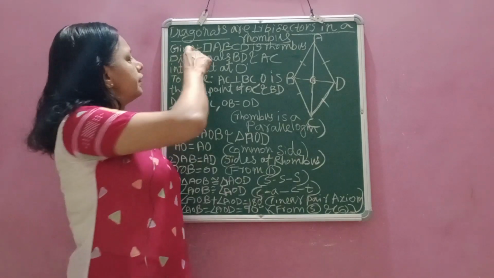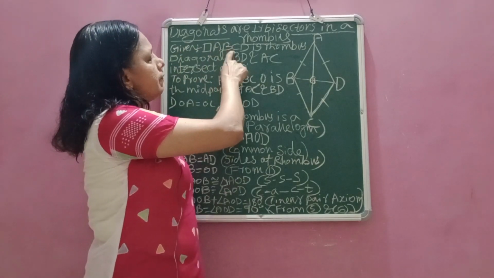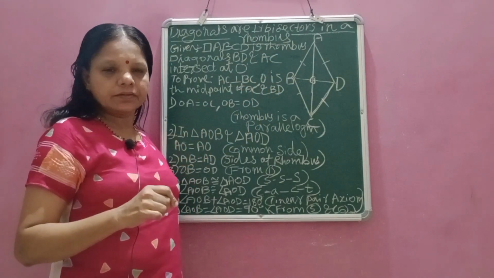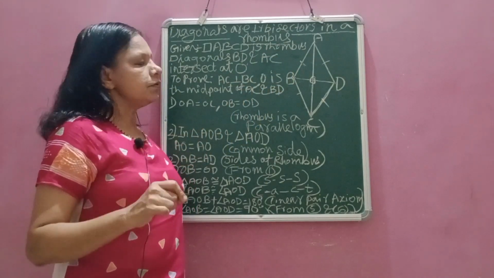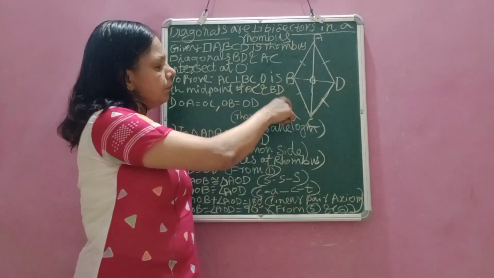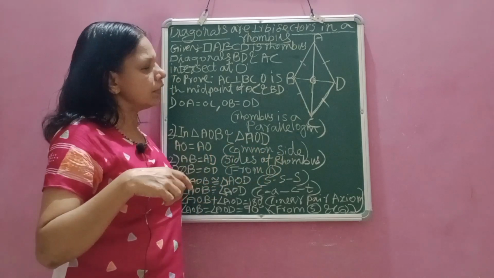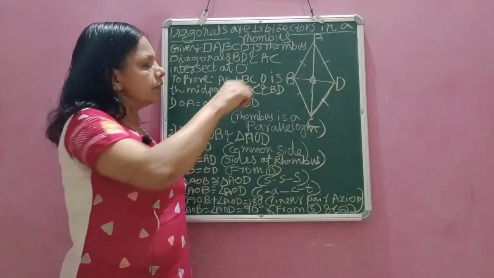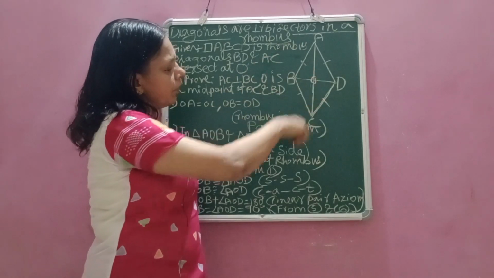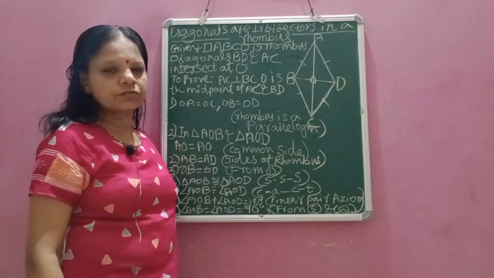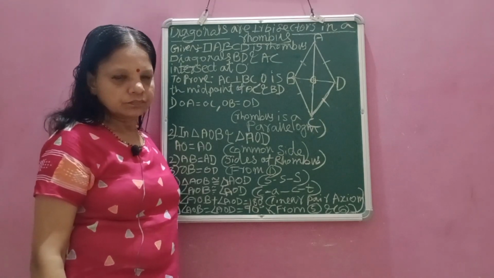Understood? So given quadrilateral ABCD is a rhombus, then it is understood that AB equal to BC equal to CD equal to AD. Also O is the midpoint of AC and BD, because rhombus is also a parallelogram.